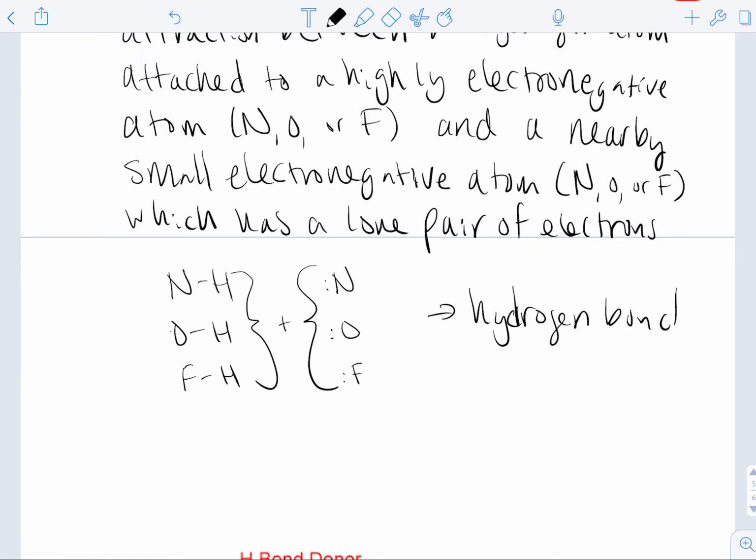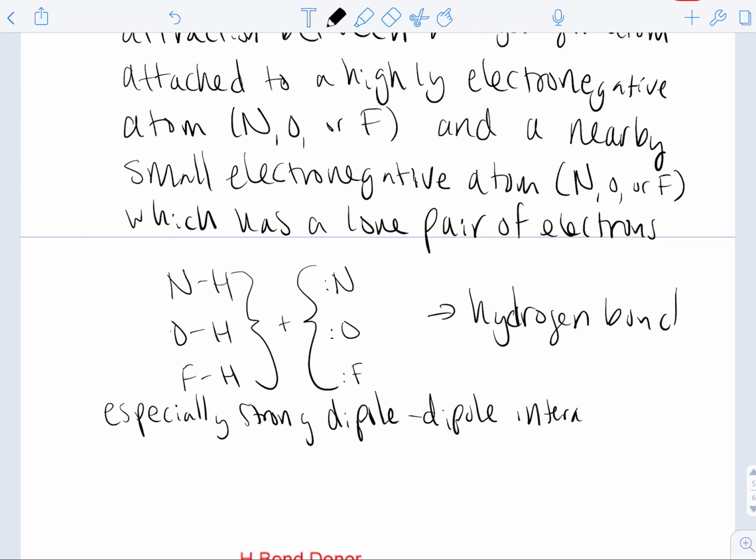So we consider this as an especially strong dipole-dipole interaction. Okay, so it is between 10 to 40 kilojoules per mole. So the strongest that we've seen so far.